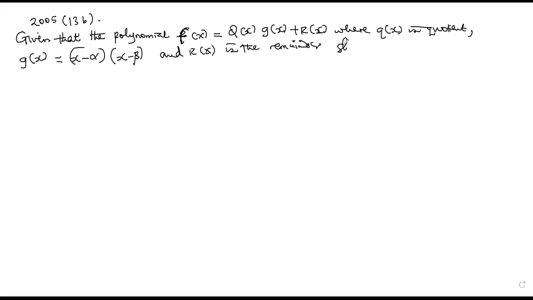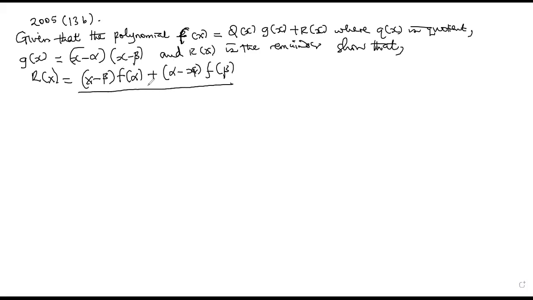Show that. I'm interested in the "show that" part. Show that the remainder is equal to (x minus beta) f of alpha plus (alpha minus x) f of beta, all out of alpha minus beta.